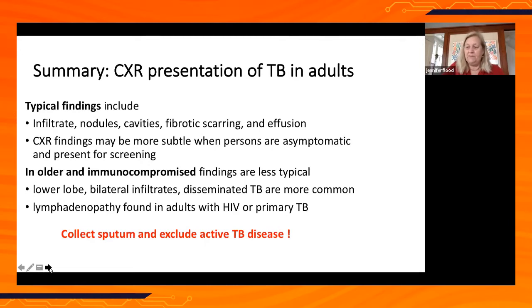They may, for example, have smoldering chronic active TB from recently acquired TB infection or inadequately treated disease. In older or immunocompromised adults, findings may be atypical and include lower lobe disease or lymphadenopathy. The main take-home point is that if in doubt, collect sputum and exclude active TB disease.